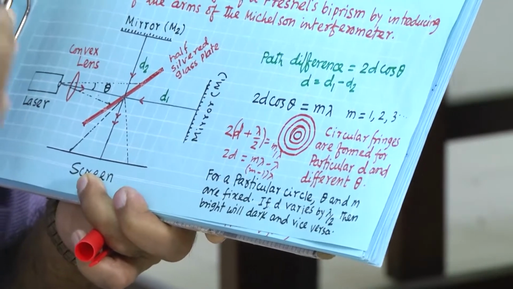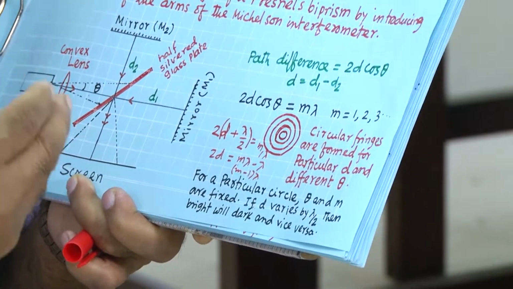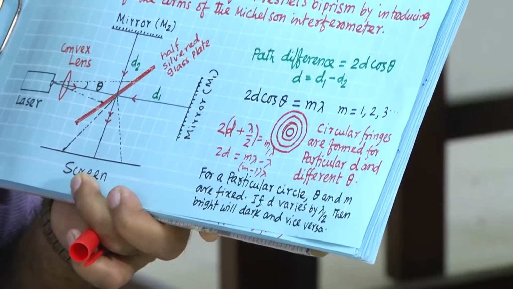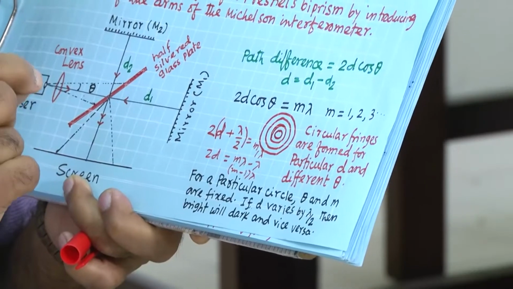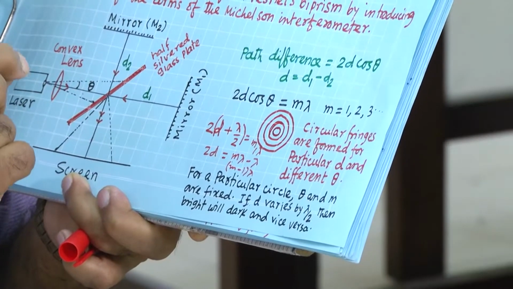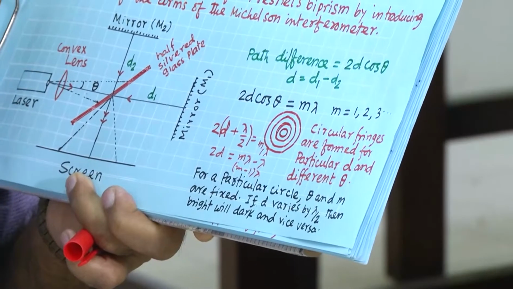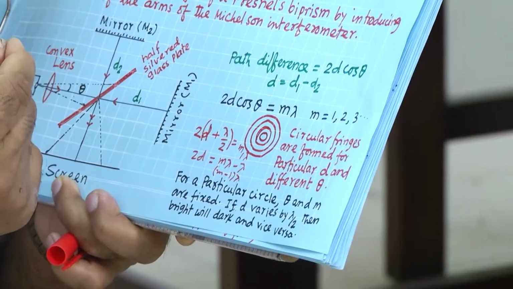So, for changing D by lambda by 2, you will get collapsing or appearing of a fringe at the center. If you count, starting from bright, for a lambda by 4 change you will get the dark one. For lambda by 2, you will get the bright one again. Okay.